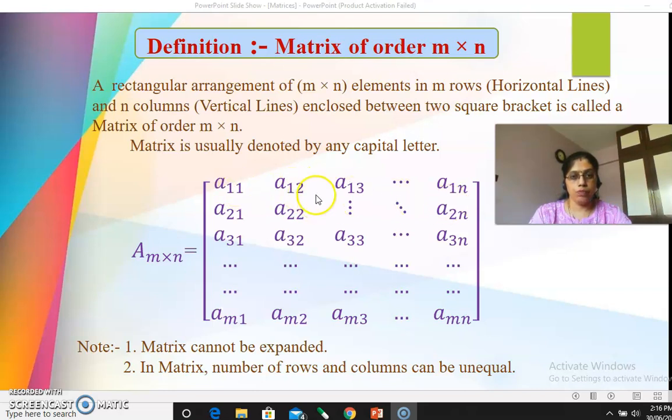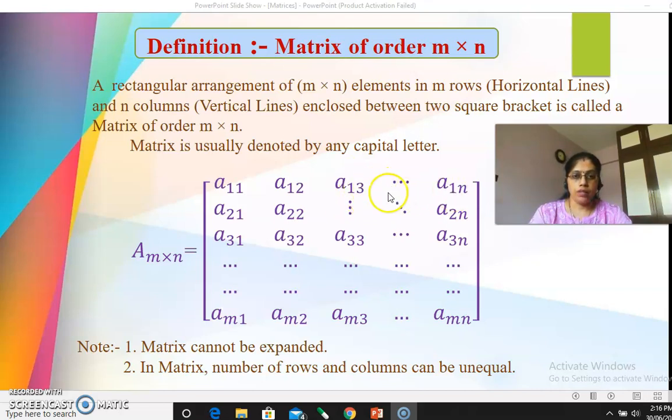Then the third element of the first row belongs to the third column, so it is denoted by A13. The suffixes define the position of that element.